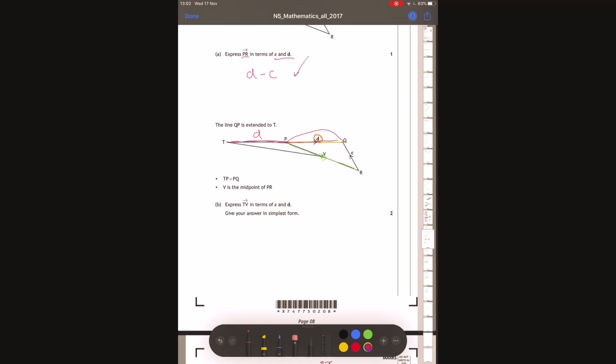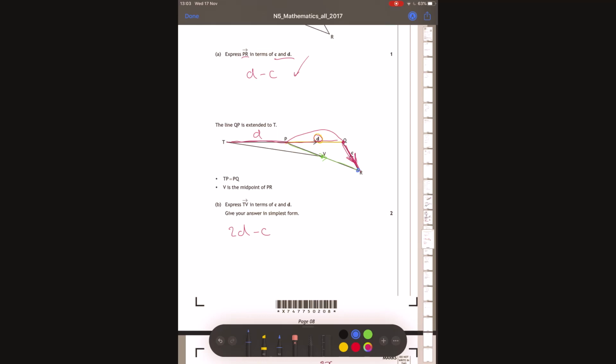So we have 2D. We're now standing at Q, and then this is going to be a negative C, because we have to get to R. So negative C, again, because we're using the vector C, except it's in the opposite direction.